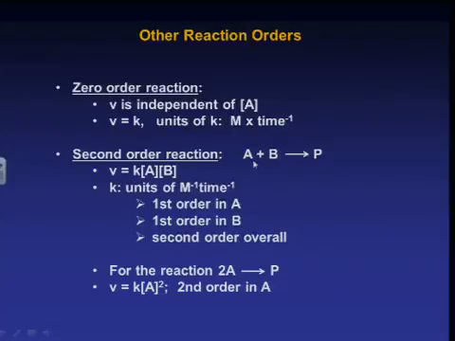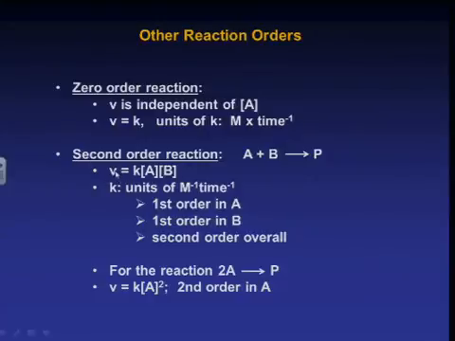So let's say you have two reactants, A and B, and they're going to product. The velocity, if A and B have to come together, that reaction is going to be dependent on both the concentration of A and the concentration of B. So what did we say?